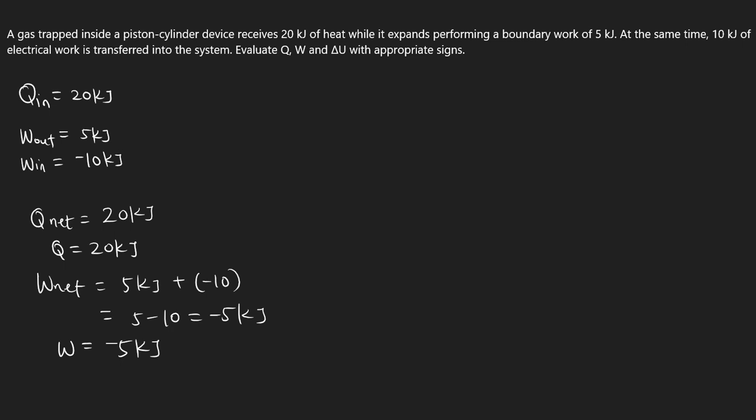So now you have to find the change in the internal energy. Generally, you know that the non-flow energy equation is Q net minus W net equal to the change in internal energy, right? So now you know the value of Q net, which is 20 kilojoule, and the value of W net, which is minus 5.